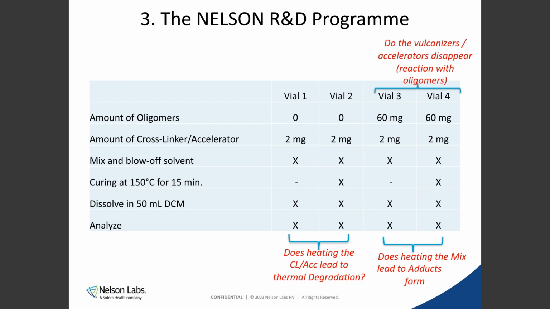Vial 3 is where we added some of the oligomers and kept it at a low temperature, without the curing temperature that is usually necessary to make the cross-linking. And vial 4 was the final mixture with the heating and with an excess of the oligomer, to be sure that whatever cross-linker or accelerator we took in that mixture, a reaction should take place.